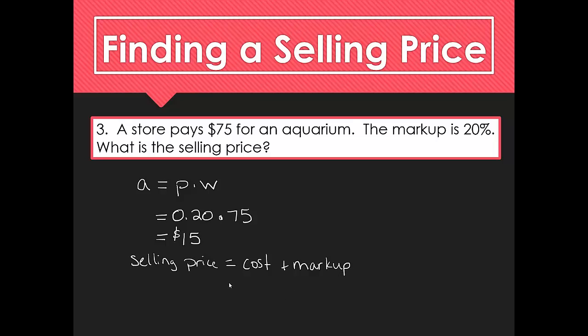The cost that the store is paying is $75. The markup we figured out was $15 because it's 20% of that 75. When we add 75 plus 15, we get $90. So if the store has an item that is $75, they mark it up 20%, they're going to sell it for $90.